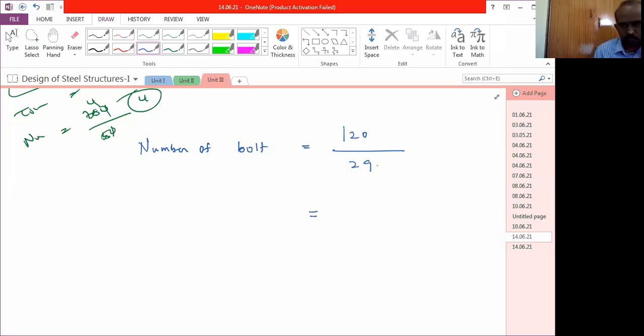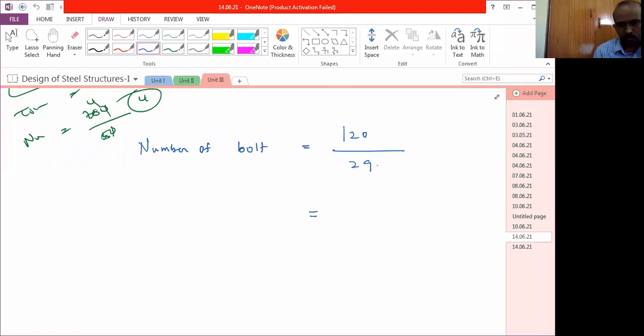So what is the value? How will it come 3480? 120 divided by 29. Please recalculate and tell me.